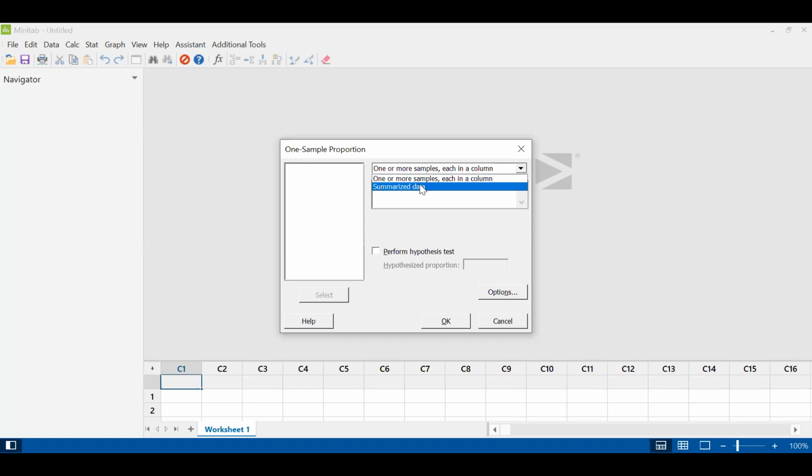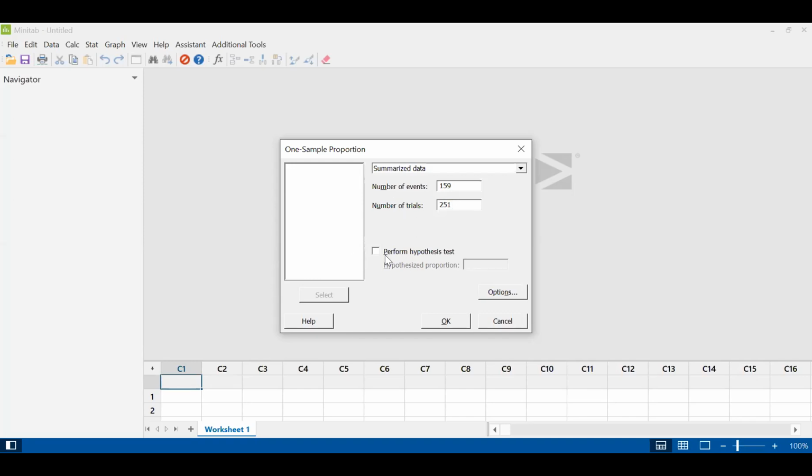So my number of events, the number of people, that's x, that said yes, and then trials is my sample size. I have to be able to pick that out. X was given to us, and it said 159 people said yes, that they volunteer regularly. And we asked a total of 251 people the question.